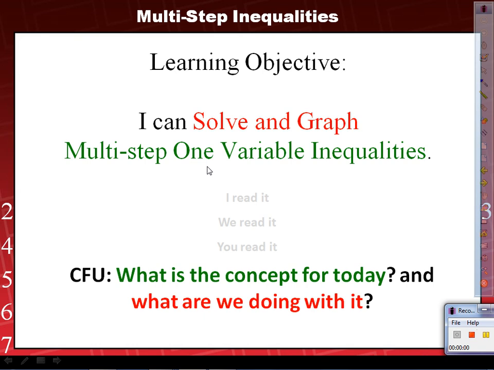Now, since you learned last week, they're very similar to equations, yes? When we first started with equations, I think Ms. V introduced that lesson and she showed you guys the seesaw. Who remembers the seesaw?